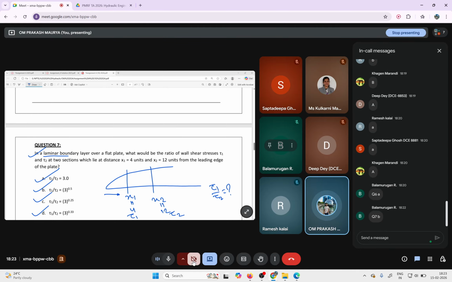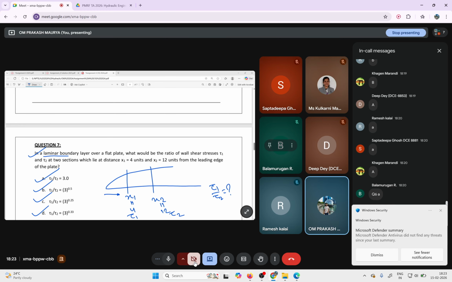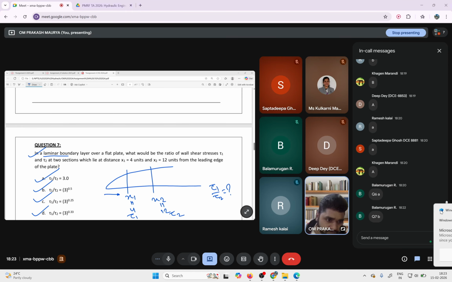Okay, Bala is telling B option, 3 to the power 0.5.